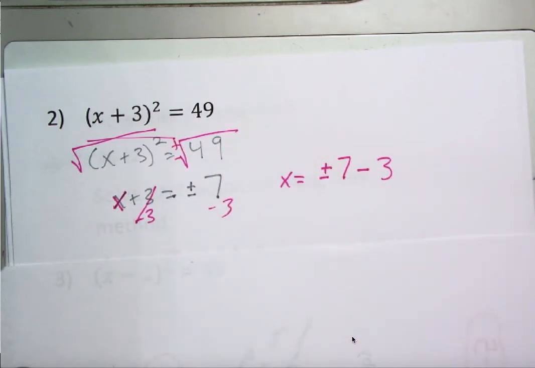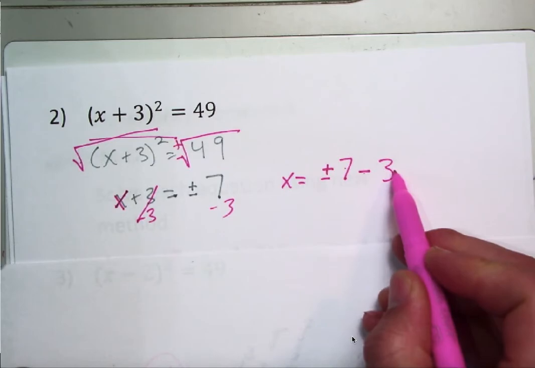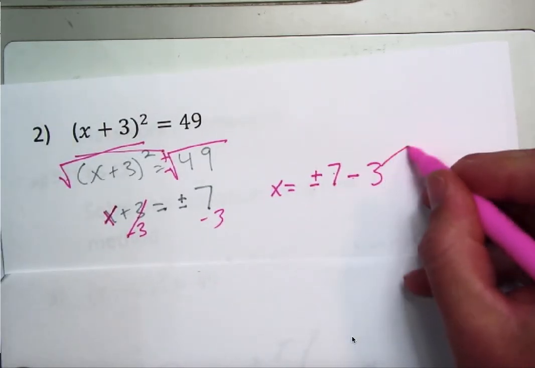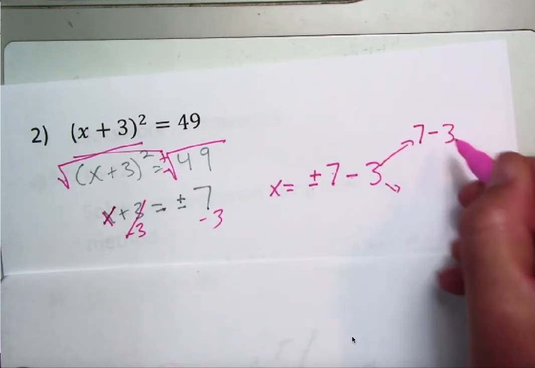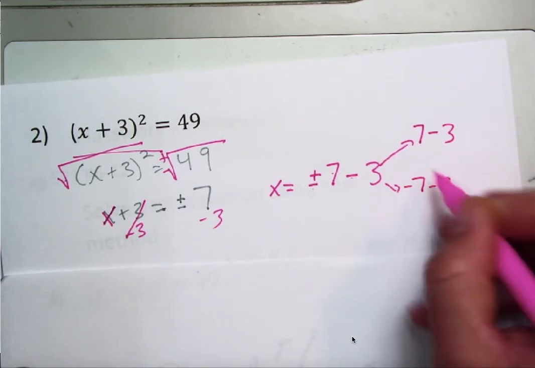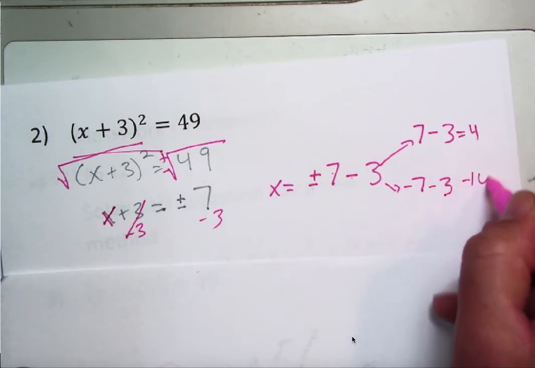So you basically have two answers here: positive 7 minus 3 and negative 7 minus 3. We do have two equations to solve. 7 minus 3 is 4. Negative 7 minus 3 is negative 10.